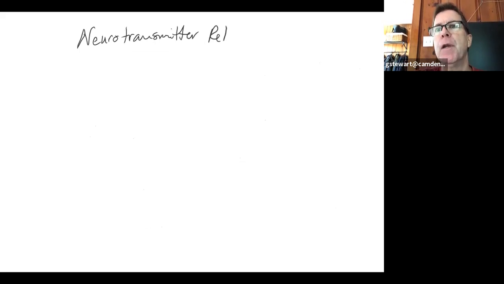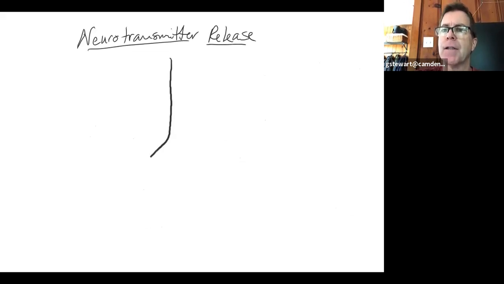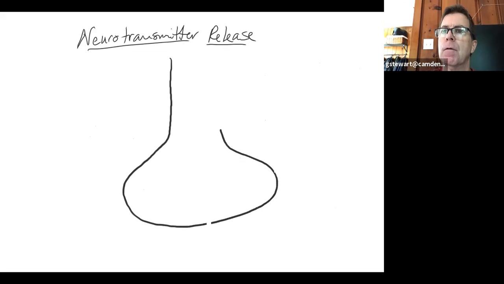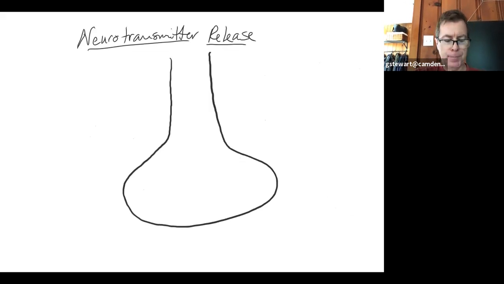You know a little bit about neurotransmitter release, but not the whole story. So I'm going to draw a really big axon terminal. And I'm going to go through this in steps.